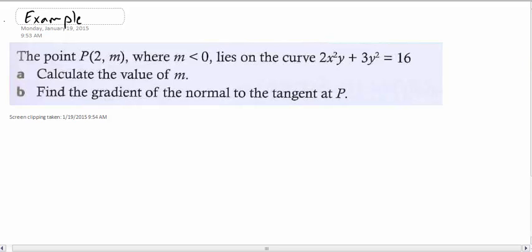Now, we should all be able to do part A. I don't care if you know zero calculus. You should be able to do part A. We're calculating m using this point. We're going to substitute 2 in for x and solve for y, or in this case, m.